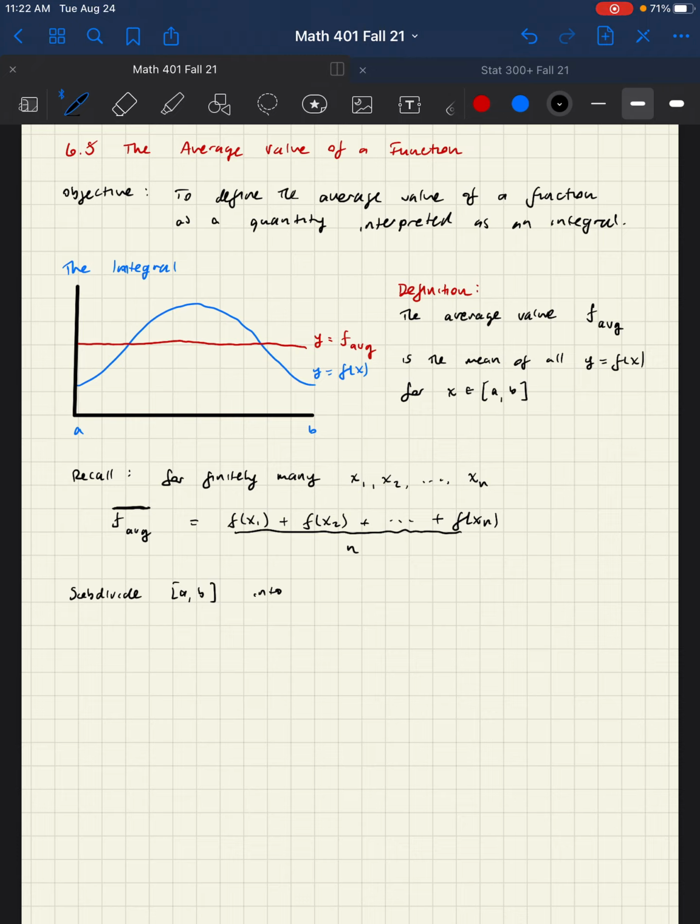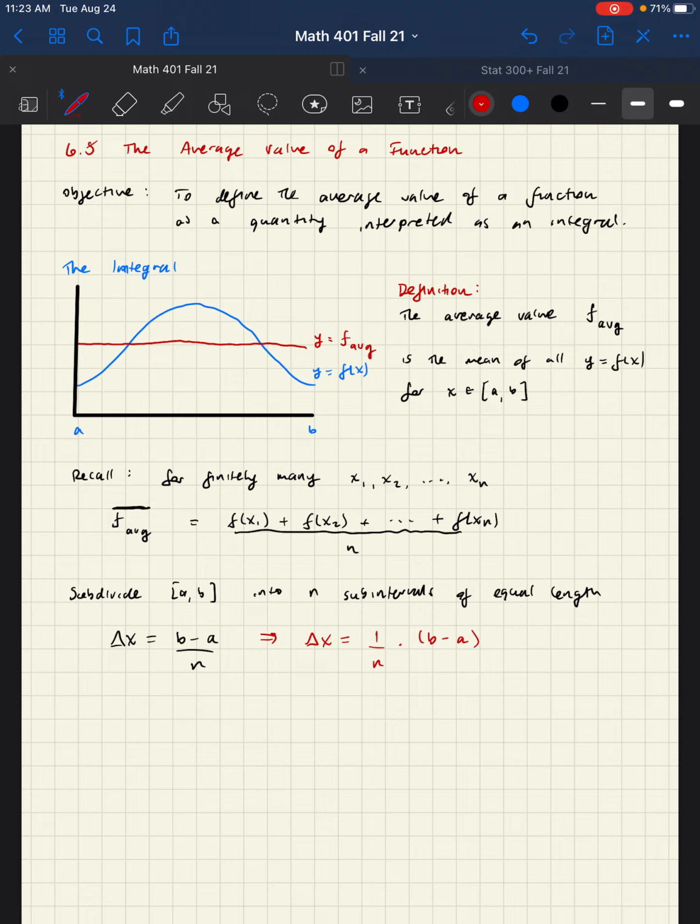So we're going to subdivide a to b into n subintervals of equal length. And this is going to be important, so I'm going to write it out again. Delta x equals b minus a over n.